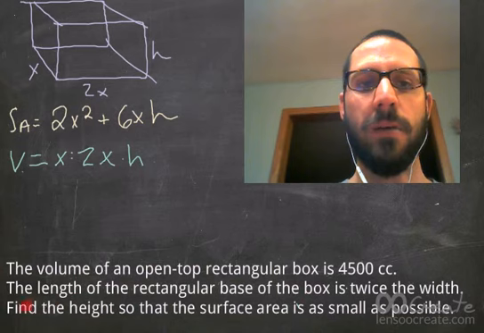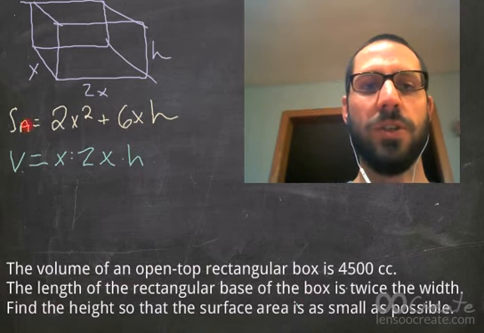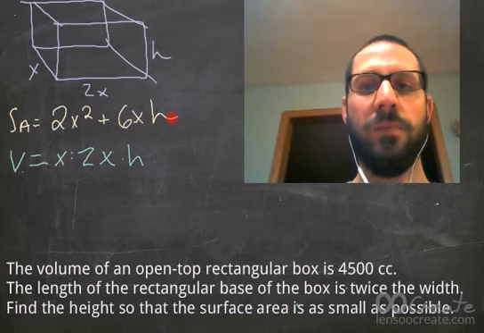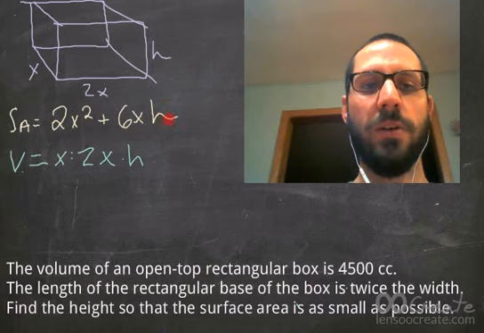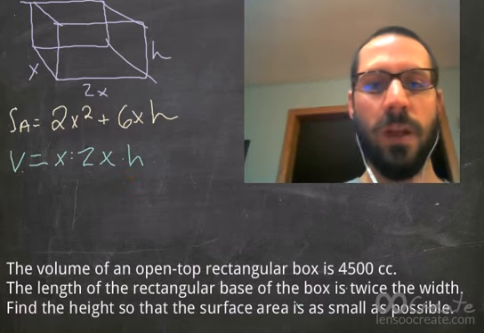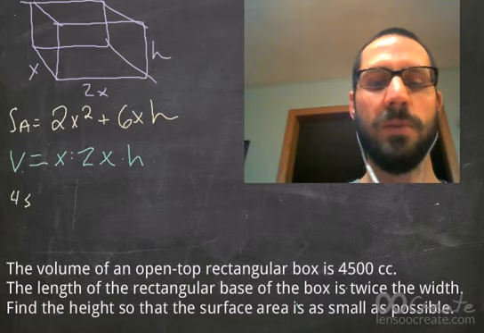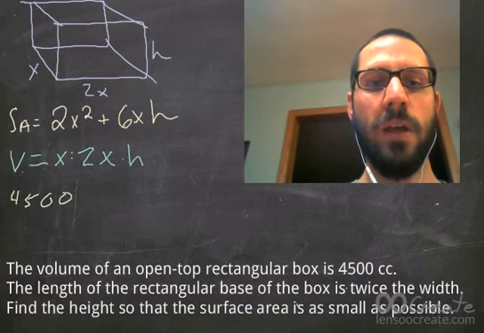Once we know which variable or equation we're talking about, we want to get that equation in terms of just one variable. Right now we've got x's and we've got an h. So we use our other equation and we try to make a substitution. We know that volume is 4,500. So we substitute volume as 4,500.